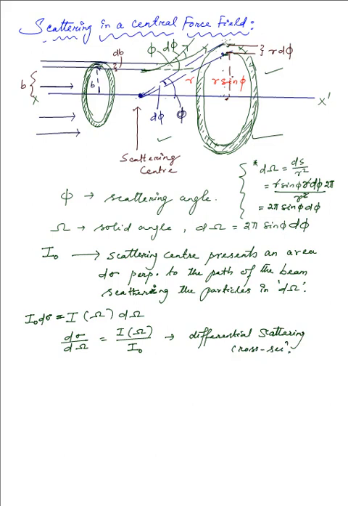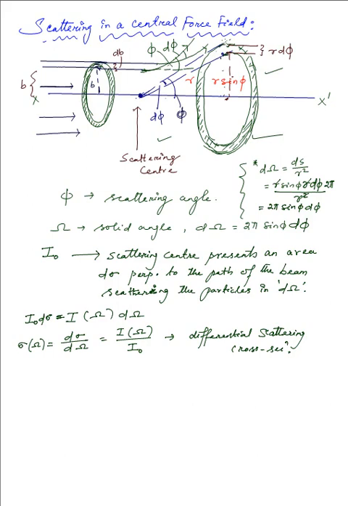So this is the differential scattering cross section, which is the derivative of the area provided by the scattering center with respect to the solid angle d omega. And this is usually represented by the notation d sigma over d omega.